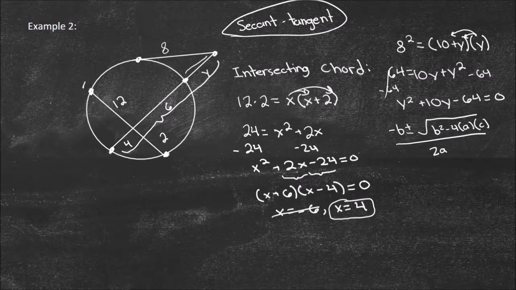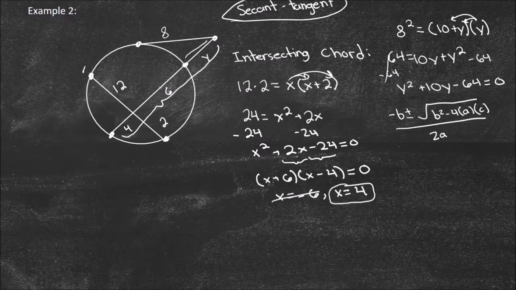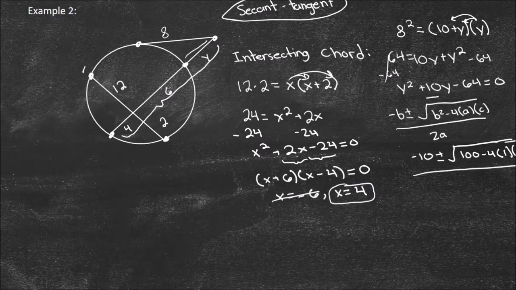So now we need to plug in our numbers that we have. We have negative b, which is this number here, so negative 10 plus or minus the square root of b squared, which is 10 squared, which is 100, minus 4, and then a is the coefficient in front of y squared, which is 1, times c, which is negative 64, divided by 2a, which is just 2 times 1, which is 2.